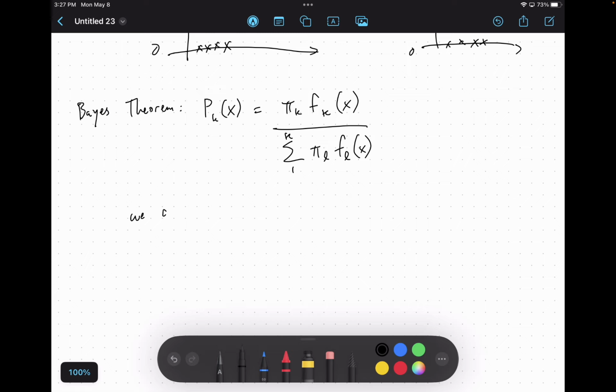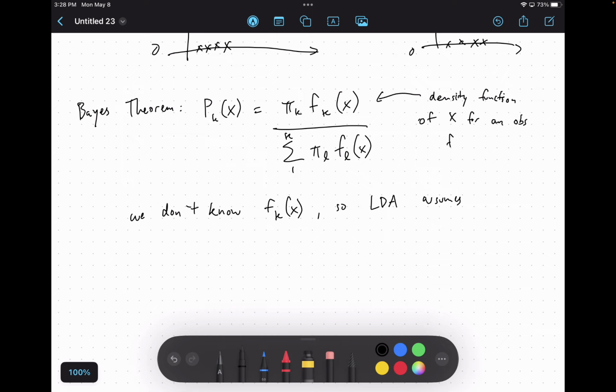Okay, so we don't know fk of x. So LDA. So this, okay, sorry, this is the density function of x for an observation from k, and this is the probability of outcome k.